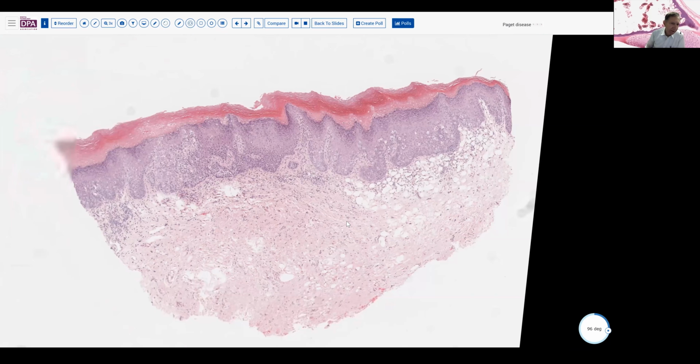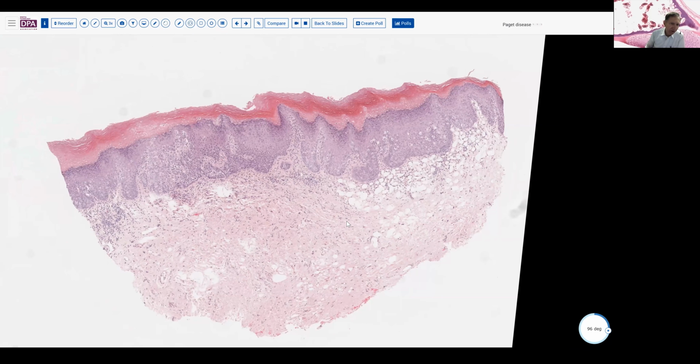Now, we don't recommend using frozen sections to evaluate the margins on this lesion, for much the same reasons that we don't usually do frozen section margin evaluations on melanoma.